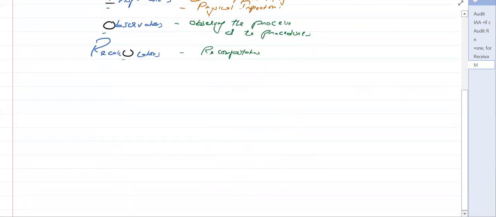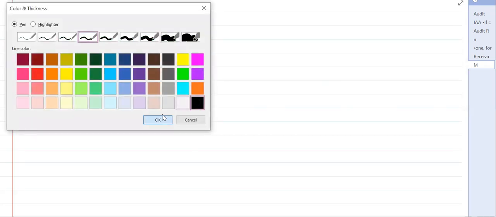And now let's do an example. Let's take, for example, first, the allowance for receivables. Allowance for receivables.